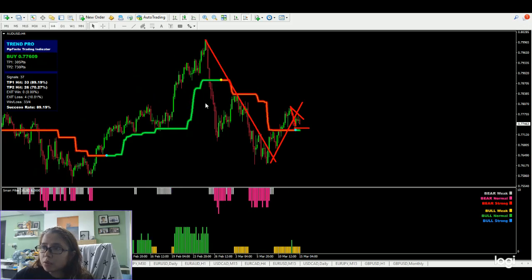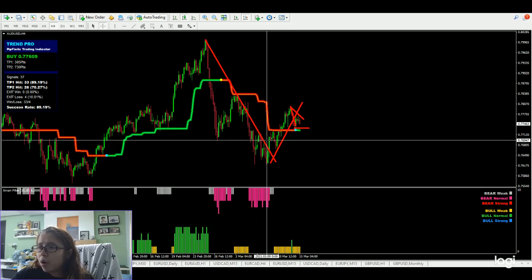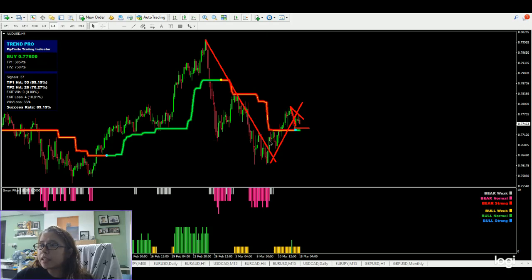So right now, the market is retracing, and it has broken this trend line on March 9. So currently, the market is building up momentum going back to what it has been previously doing, which is uptrend.